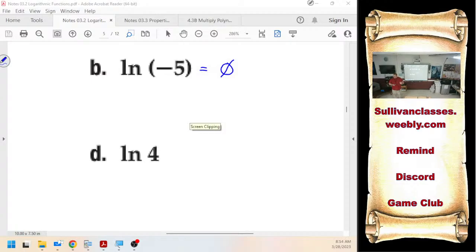Go press the button, the ln of 4. Okay? So if you can get an integer or rational value, great. They're not always going to work out that way. Sometimes you just got to let the calculator do it for you.